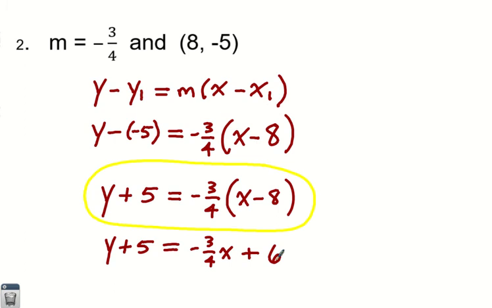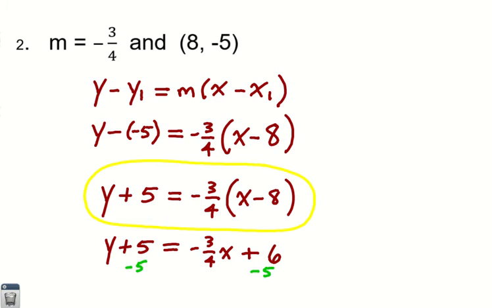I'm not going to take time now to go into a whole lesson on fractions. If you need to double check on your calculator, do that, but negative 3/4 times negative 8 should be positive 6. And then the only other thing to do is to subtract 5 from both sides.